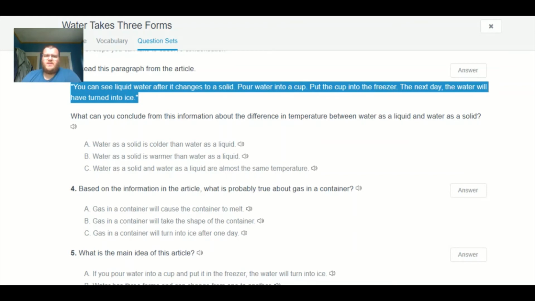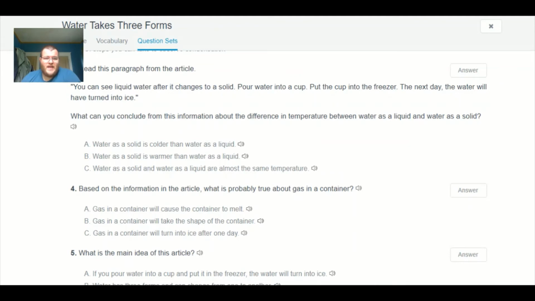So what could you tell me about the difference in temperature between water and ice? A, water as a solid is colder than water as a liquid. B, water as a solid is warmer than water as a liquid. C, water as a solid and water as a liquid are almost the same temperature.